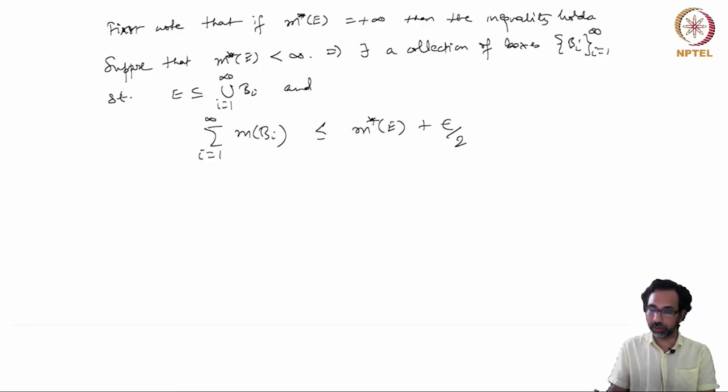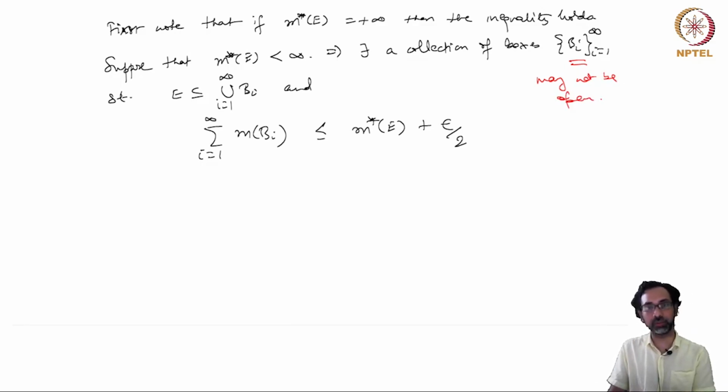Now these B_i's that we have taken may not be open, but we can enlarge each of these B_i's as we have done in the last lecture. We can enlarge these B_i's such that they become open, but still we have control over the volume of the union.